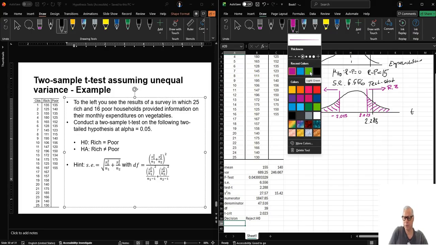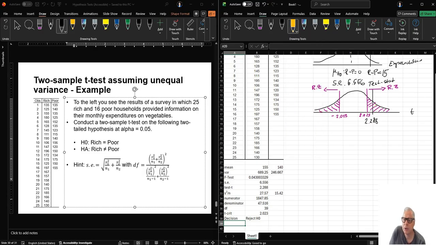We could have now rejected the null even though it is true. So in order to determine the probability that we made a type 1 error, we now look at the area to the right of our test statistic of 2.288, which is this area here, which is supposed to be the yellow area here.